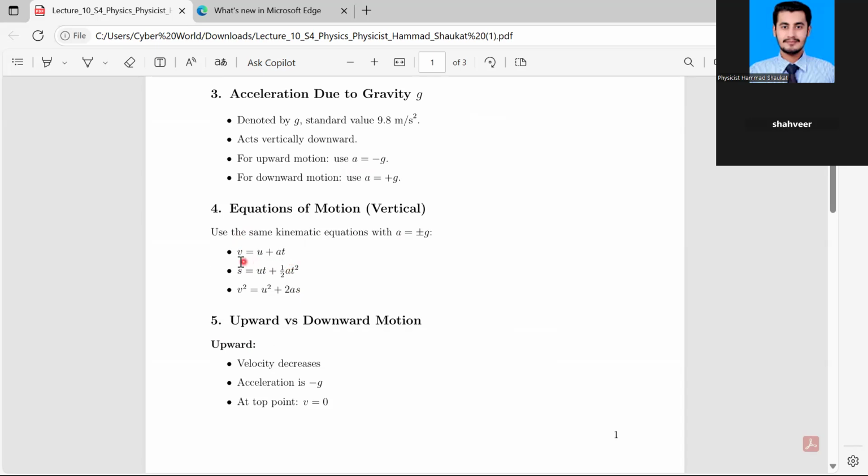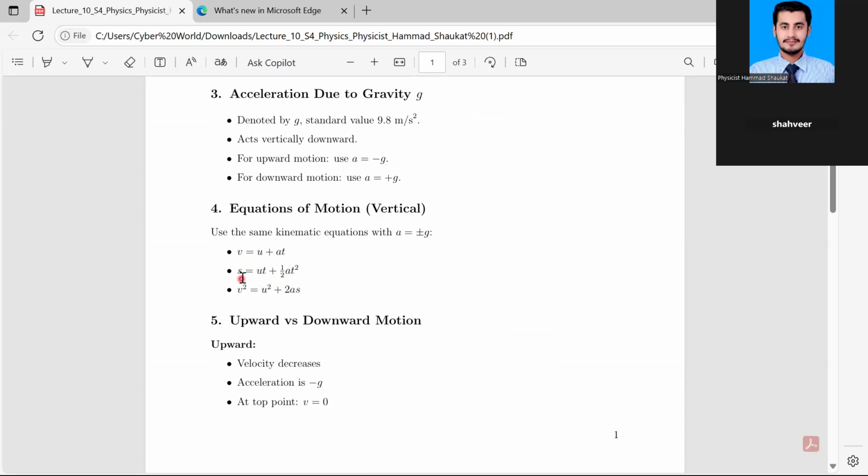As I mentioned before, V stands for the final velocity, and U stands for the initial velocity, whereas a is the acceleration of the body, and t is the time taken by the body. Again, this is our second equation of motion.